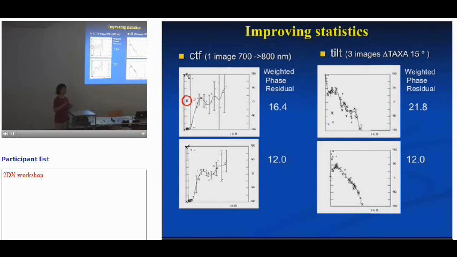So this will only work if only a small number of your tilt geometries are wrong. Same with your CTF. If most of them are wrong, then you are not going to get anywhere, because everybody will be scattered in different places. You will not know which one is right.